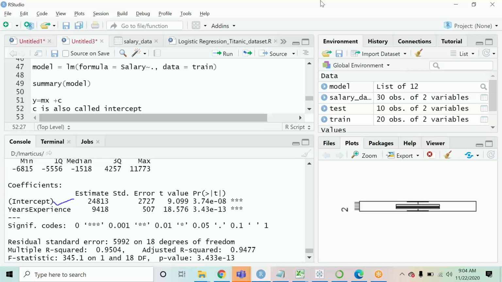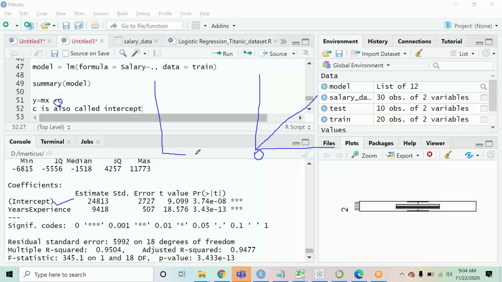If you remember, when we create this x and y axis, if my line is passing from here, suppose this is 0. So when x is 0, y is also 0, which means c will be 0.